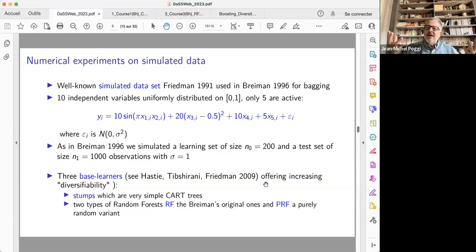So you generate some kind of random partition, and the final random forest is just a regressogram on a purely random partition. So you disconnect the dependence of the partition in the explanatory space from the data. It is a variant used a lot from the theoretical point of view, but it appears that from a practical point of view, it is quite interesting.